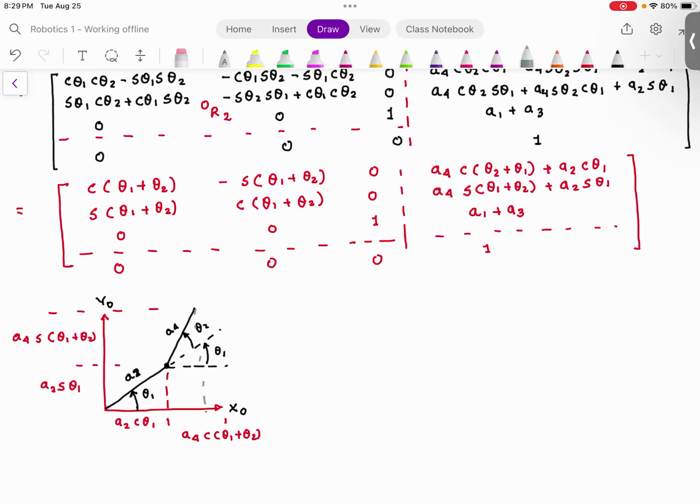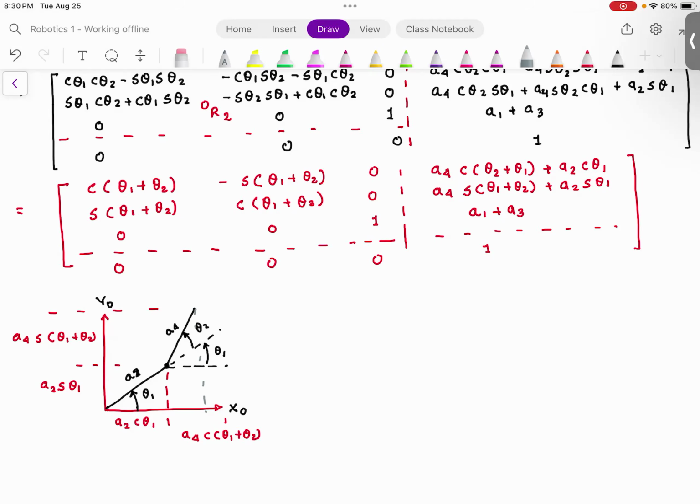Now let's look at the rotation. Do you agree with me? This rotation matrix that you are seeing is telling me that frame 2 is rotated by theta 1 plus theta 2 with respect to frame 0. Can you see the top rotation matrix is telling me that overall rotation about z is theta 1 plus theta 2?